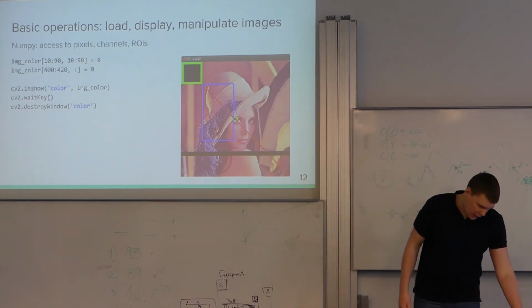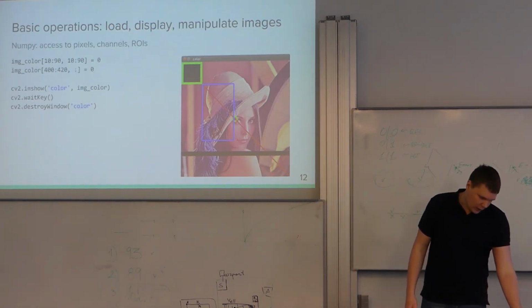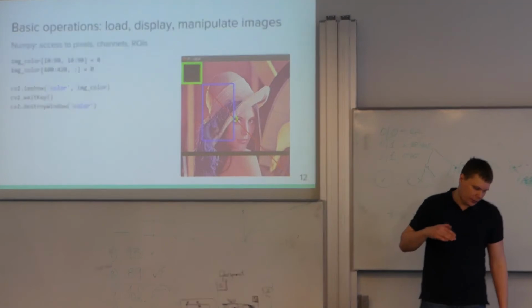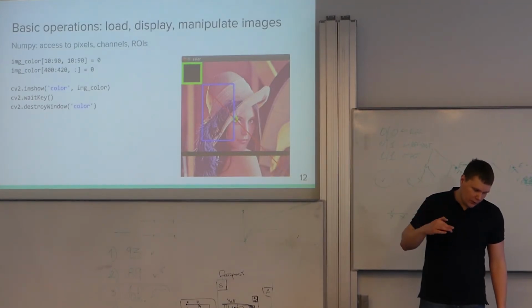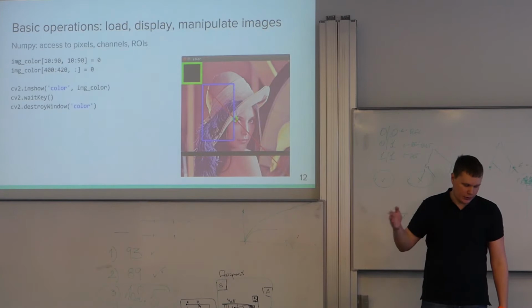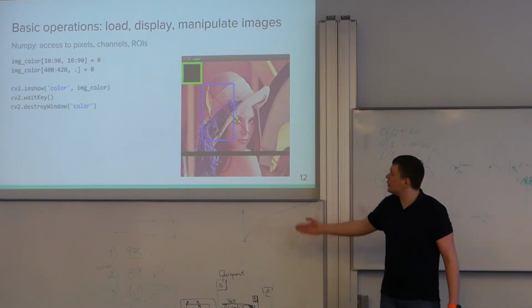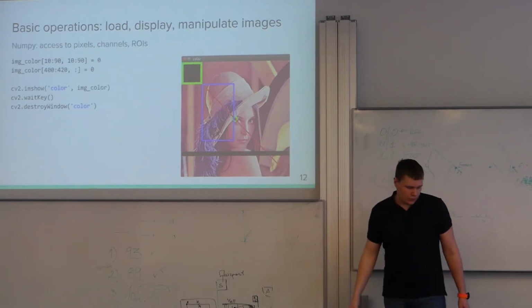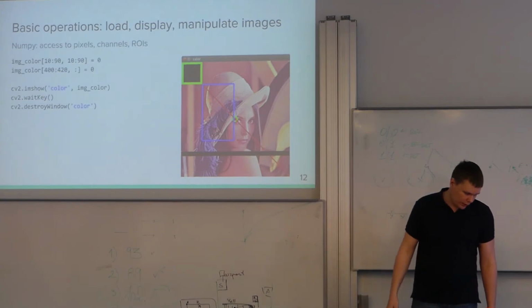For example, in the first line we start from the 10th row until the 90th row, and also from the 10th column until the 90th column. So we set this square rectangle to black.